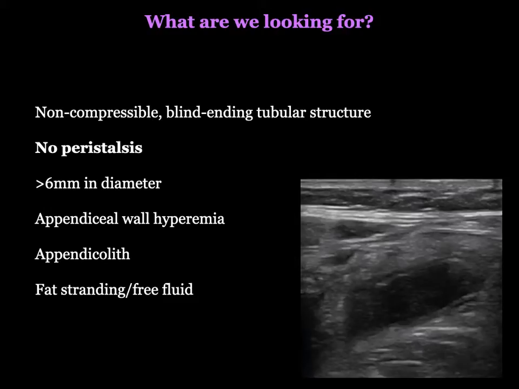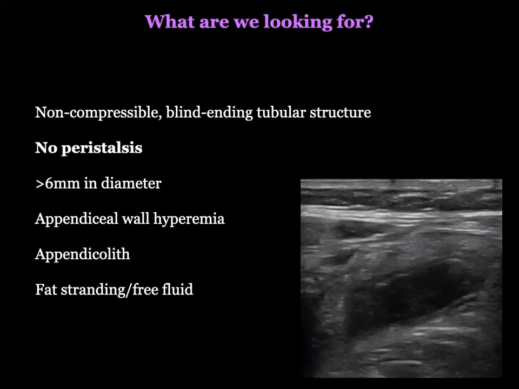in diameter. And what you're going to do is freeze the image and then measure from top to bottom across. Often you'll see appendiceal wall hyperemia if you put color flow on the appendix. You may see an appendicolith sitting inside the appendix.